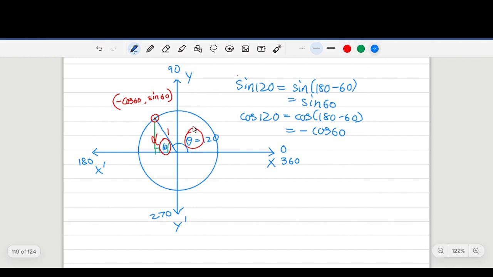So whenever you want to find cos of any angle in the second quadrant, it can be written as cos of 180 minus alpha. Now what is alpha? Alpha is the acute angle it makes with the x-axis.